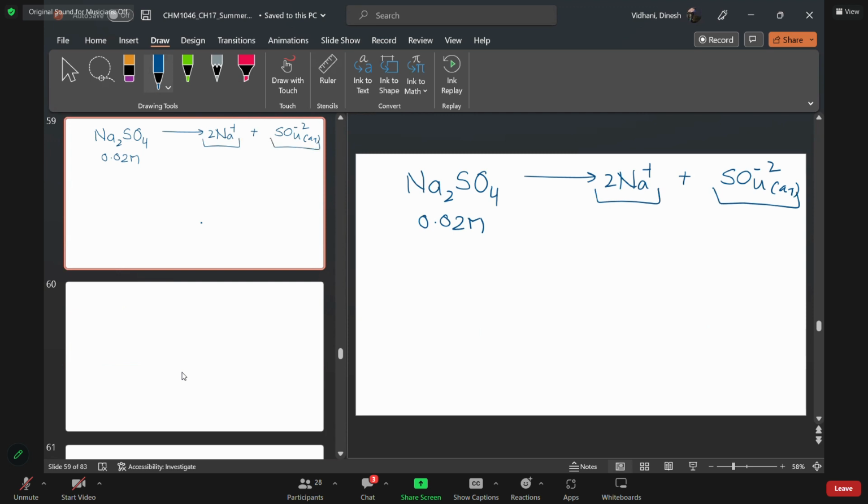Now keep in mind, it completely dissociates into ions. Do we have the equilibrium over here? Answer is no. The reaction just goes in a forward direction. It completely breaks down into the ions. So what should I see in the solution once I add sodium sulfate solid?